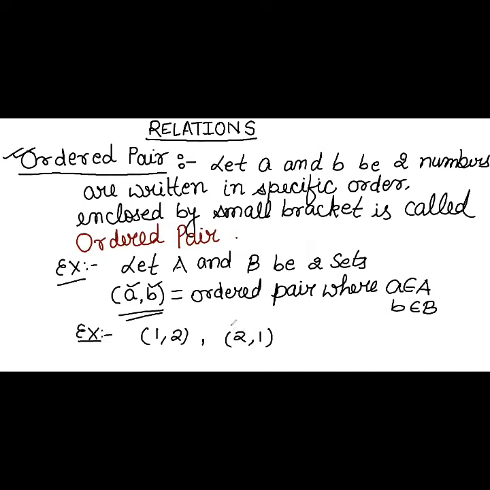So in an ordered pair, the specific position is very important. Always we have to write an ordered pair in a specific order. So here we can write (1, 2) is not equal to (2, 1), because both are different ordered pairs.